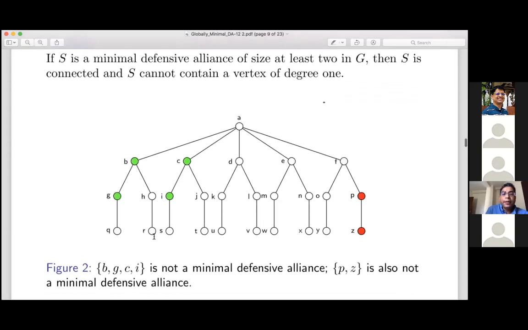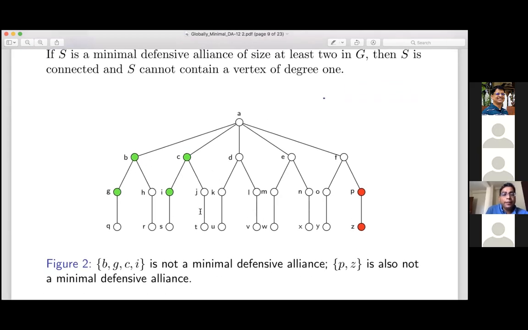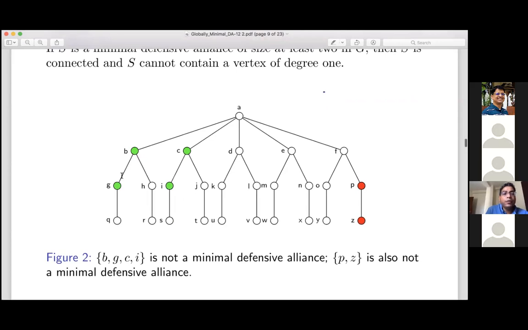So let me consider this tree again and consider these 4 vertices, B, C, and G, I. Now you can see that the subgraph induced by these 4 vertices is a disconnected graph, right? And this is not a minimal defensive alliance. It's a defensive alliance maybe, because everything is protected. B is protected. I can see it has 2 neighbors inside, 2 neighbors outside.